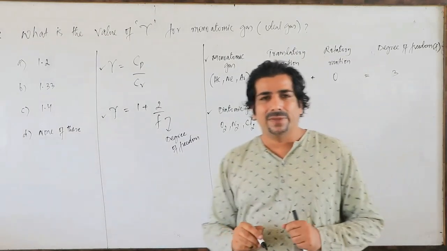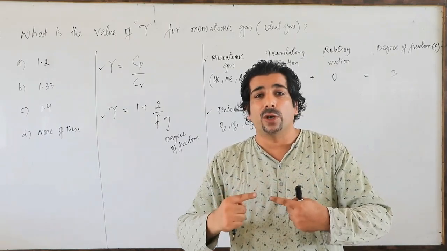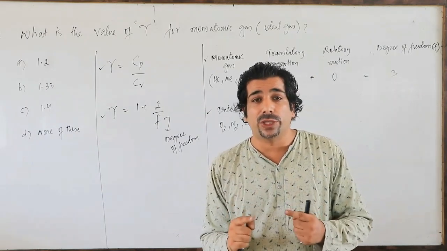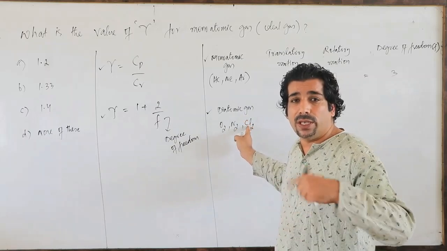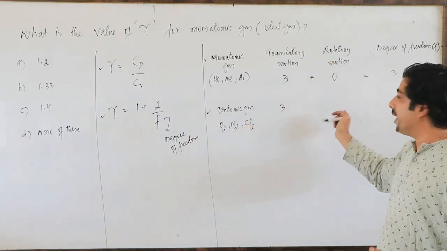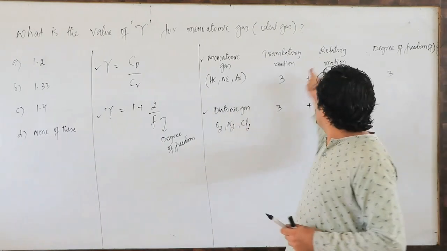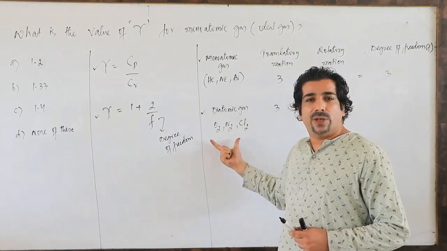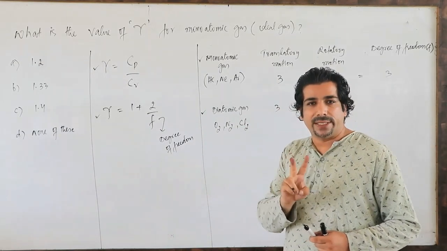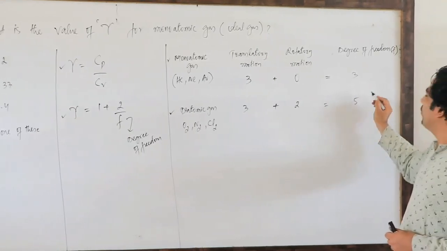But these gases will show rotatory motion along 2 axes only. So here 3 axes will not be involved, only 2 axes will be involved. So it is 2 here. So obviously the degree of freedom will be 5.